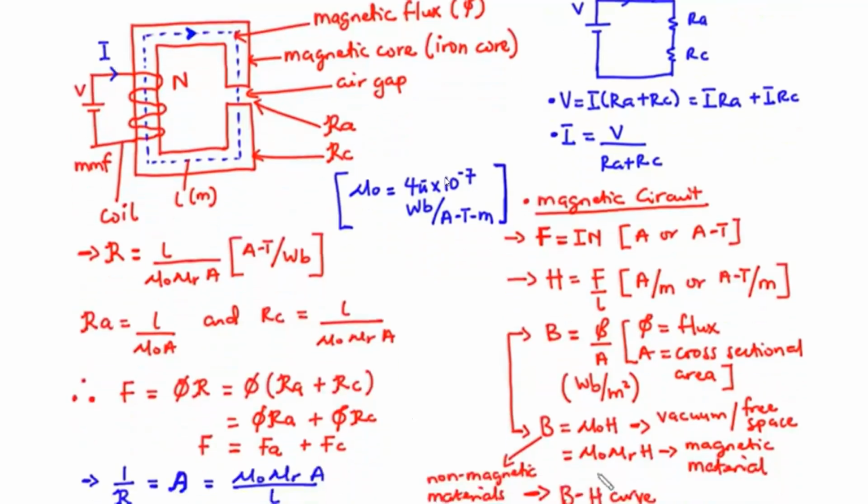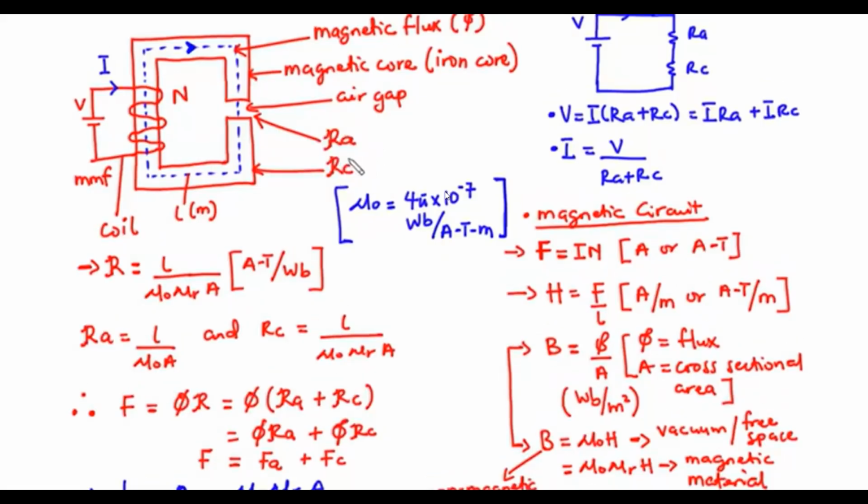Now from Ohm's law, we know that the source voltage is equal to the current times the total resistance for the circuit, that is, considering an electrical circuit. In the case of a magnetic circuit, the magnetomotive force F is equal to the magnetic flux times the total reluctance. In this circuit, we have the total reluctance composed of the reluctance as a result of the air gap and the reluctance as a result of the magnetic core, or iron core.